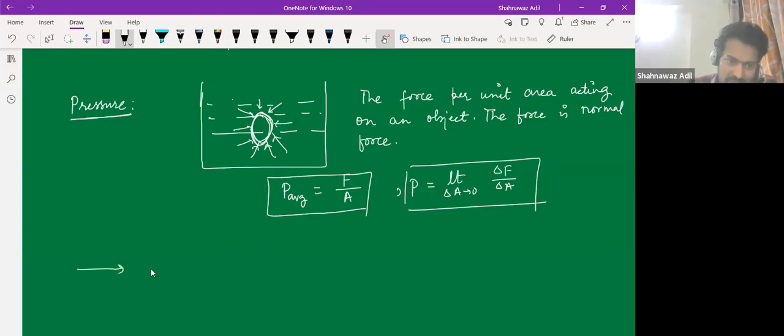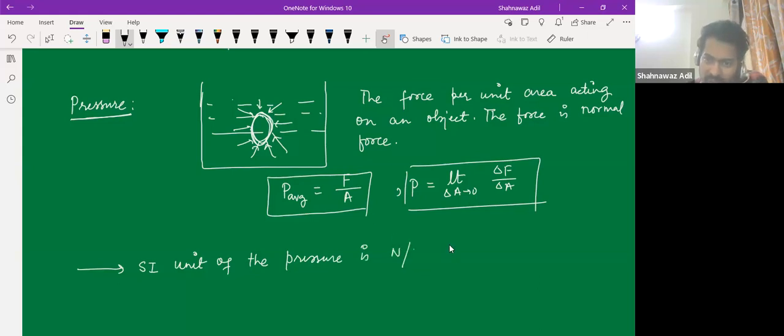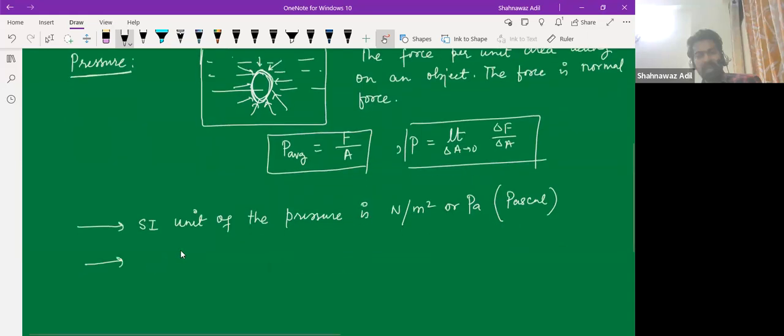The SI unit of pressure is Newton per meter square, which is also written as Pascal.